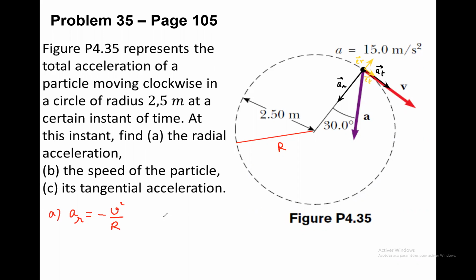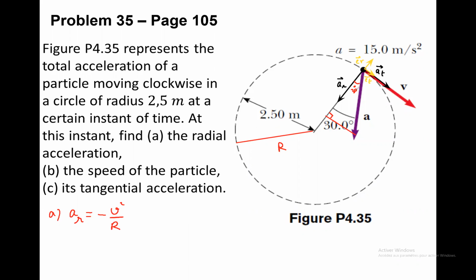To calculate A radial, if you have A here, we can calculate A radial geometrically. Look at this triangle. AR is the component. Here we have the angle equal to 30, which is given.